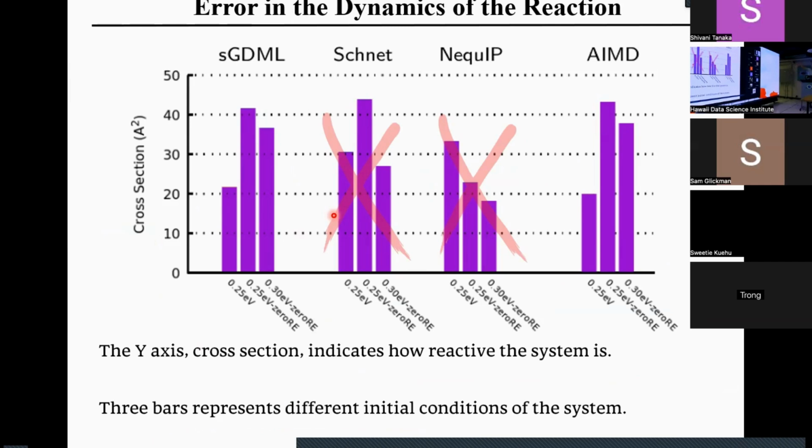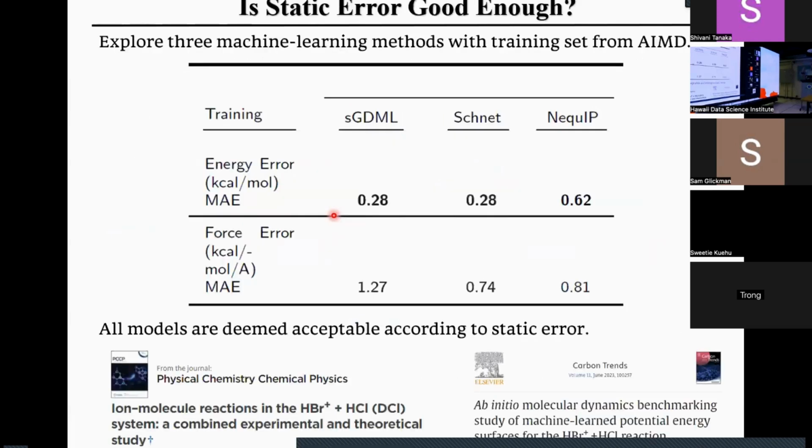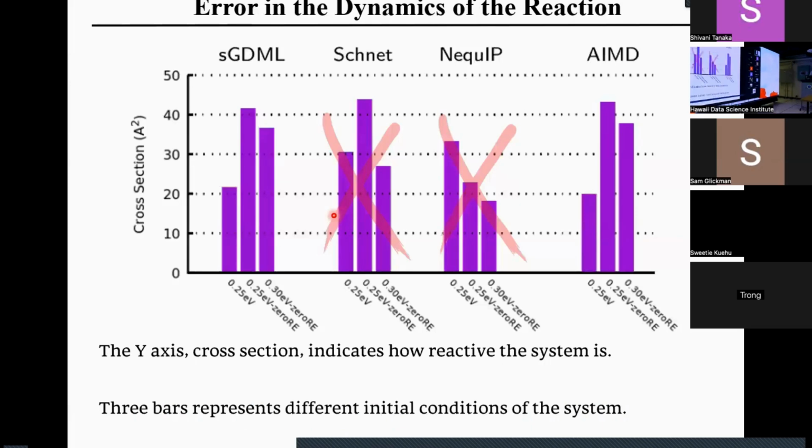And the height of the bar tells you the likelihood of the reaction to happen, right? Because like I said, not every collision leads to chemical reactions, correct? So if the AIMD were ground truth, then only the far left over there can somewhat resemble your result, correct? And these are the 2 methods which were pretty good with statistical errors, completely missed the mark.